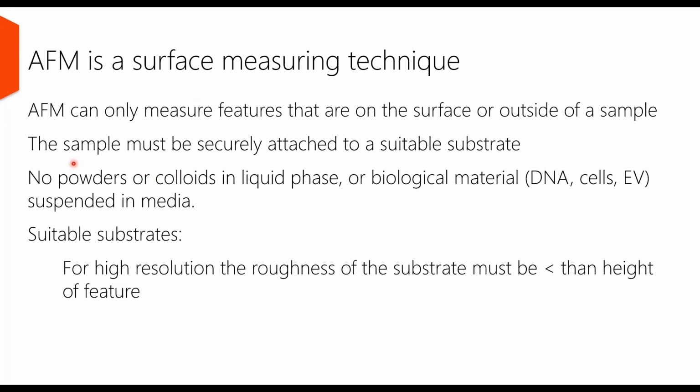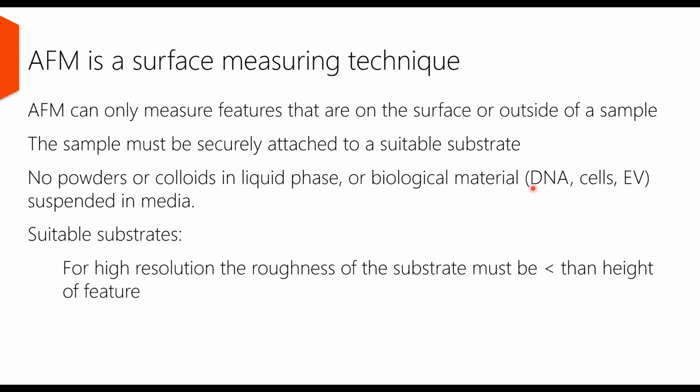So in order to do that, the sample must be securely attached to a suitable substrate. If you're working a lot with SEM or TEM, you probably already know this. It has to be attached to a stub or something like that. So you can't image powders, basically, or colloids unless they're attached to a substrate or glued down or something like that, or put into an epoxy and then microtome the epoxy.